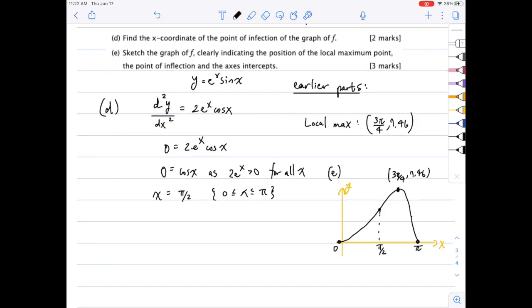To find the y-coordinate, you could just use a calculator, or you could take this x-coordinate and plug it into the original function. Sine of pi over 2 is going to be 1, and then e to the power of pi over 2 is just going to be e to the power of pi over 2. Or you could just simplify this on a calculator. Okay, so that's part D and E.